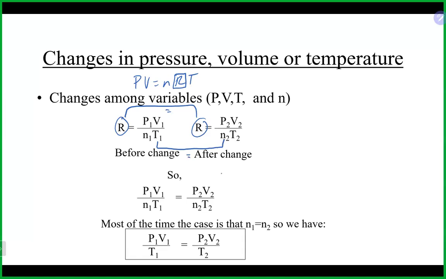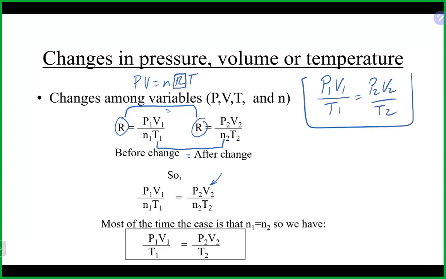And we get this relationship: P1 V1 over n1 T1 equals P2 V2 over n2 T2. In a lot of cases, the moles won't change all that much. So this sometimes reduces down to P1 V1 over T1 equals P2 V2 over T2. This is what is sometimes referred to as the combined gas law.